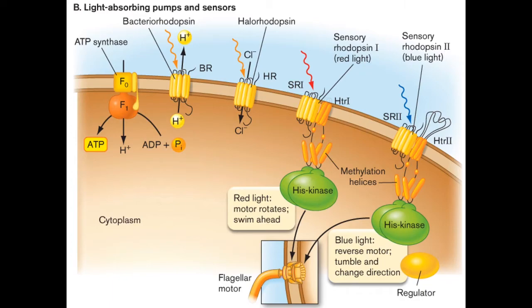So this allows the bacterium to move towards light, not so much to utilize that light, but to get to a site where photosynthesis is going on, because they're trying to get to a site where oxygen is present. So they will positively chemotax using sensory rhodopsin 1 towards light.